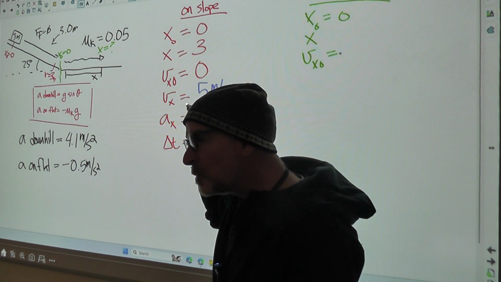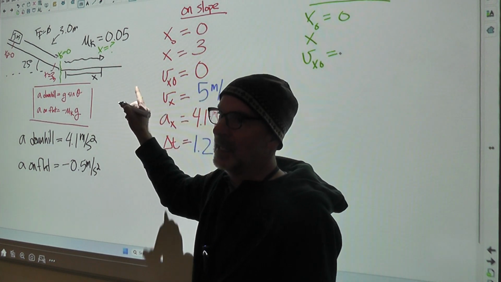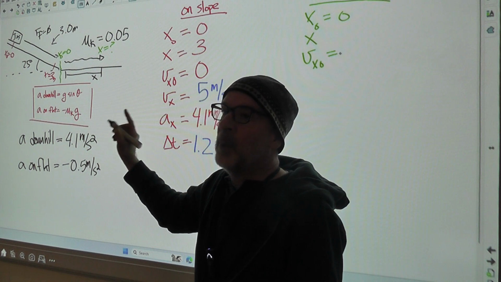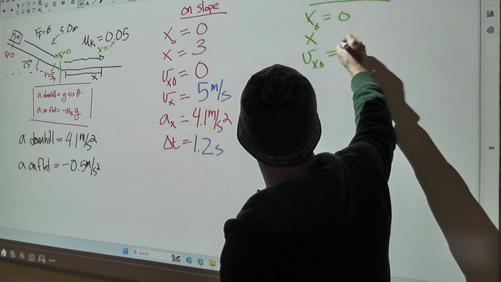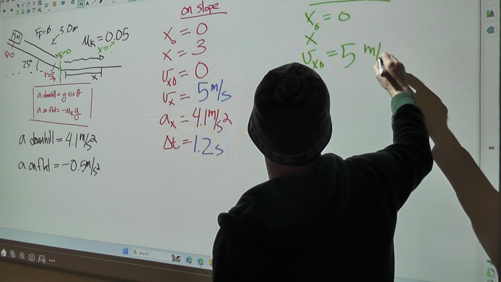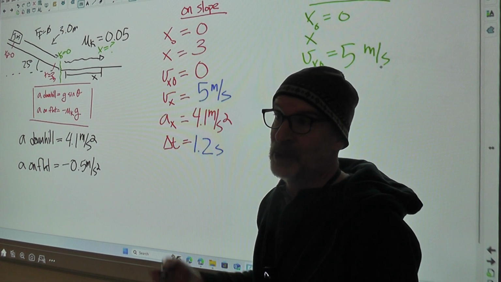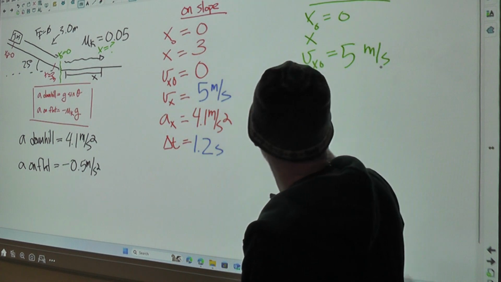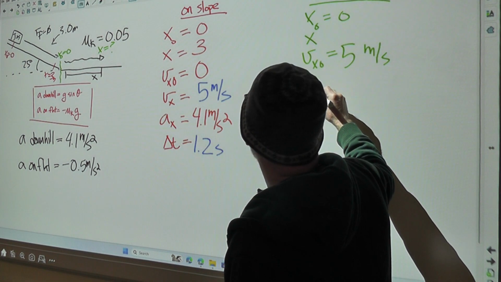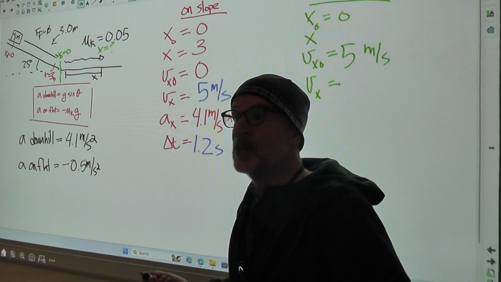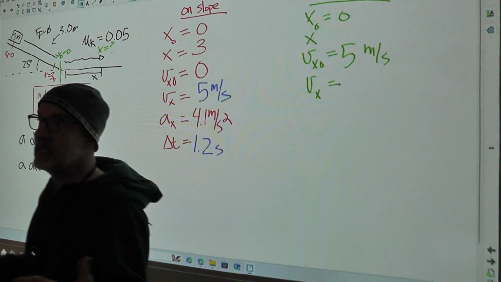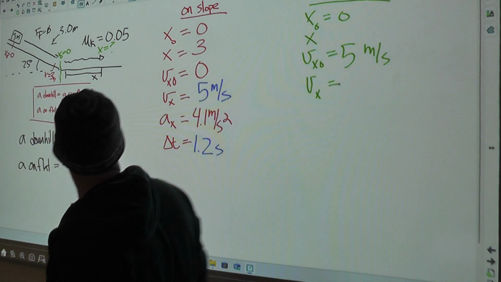This problem doesn't work out exactly as it's described. But this is all we have to go on. So we're going to say his initial speed is going to be 5 meters per second, because it's going to be about the same as it was when he got to the bottom. His final speed, well, we're not told what that is either, except we know what it is, because we want to know how far he goes before he stops. Stopping means 0.